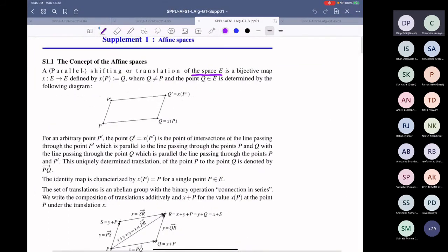And this supplement requires no background. No background, no category, no functors, and nothing. These are very, very concrete examples.